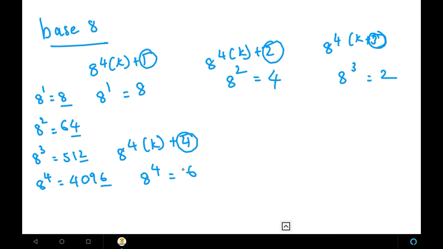Then the units place will be 6, because we are only considering the units place. The whole 4096 will not come. With these 4 values that we have to remember, we are going to solve the problems. If we remember these 4 values, we can solve the problems on this. Here we have kept 2 problems for solving.